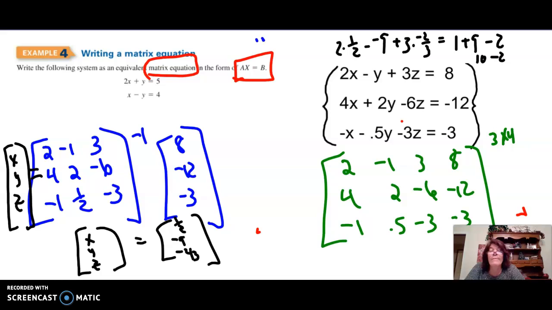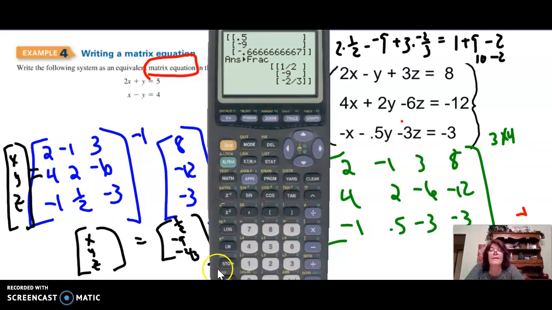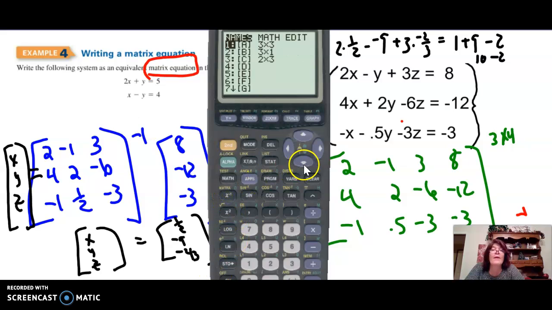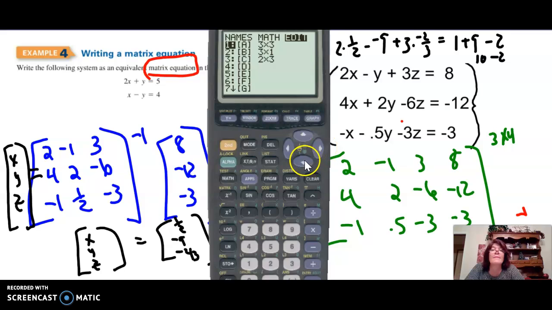So it would just mean entering another matrix, perhaps C. Let's edit matrix C. I forgot to go to edit. And we want it to be a 3 by 4 this time.